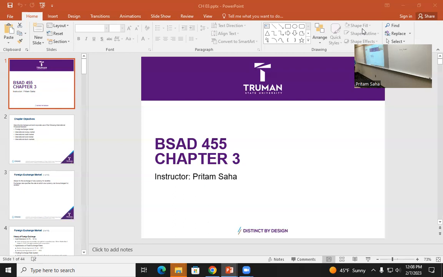We talked about this in the last class, in the recorded lectures. The main characteristic of money market instruments is maturity of less than 1 year.